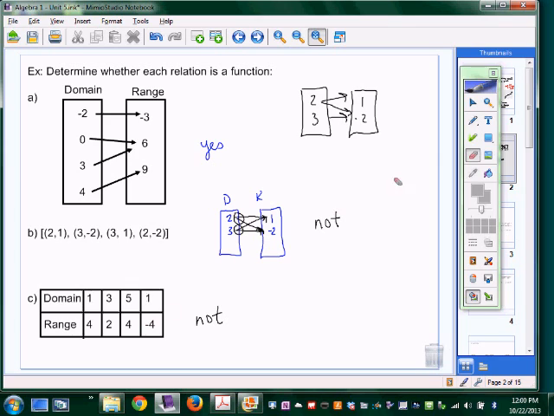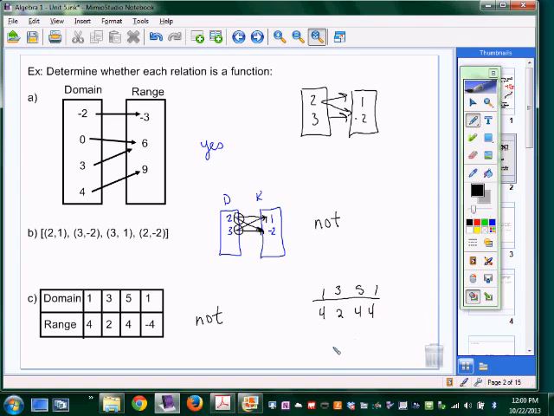So I have 1 to +4, and then I have another 1 that goes to a -4. If this -4 was also +4, then it would still be a function because the 1 is giving me 4. But because it's not the same number, it's a different y, it's not a function. Does that make sense?